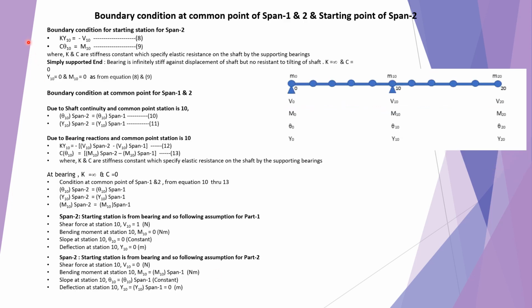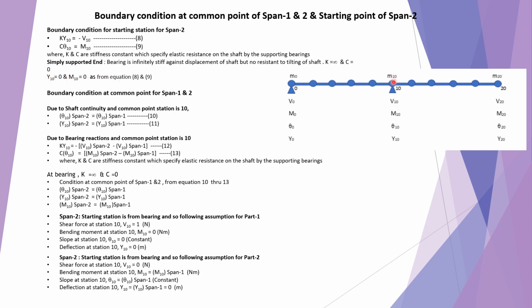Now the boundary condition at the common point of span 1 and 2, and the starting point of span 2, that is station number 10. Similarly, the boundary condition for the starting station of span 2: k Y10 is equal to minus V10, this is equation number 8. C theta 10 is equal to M10, this is equation number 9, where k and c are stiffness constants.